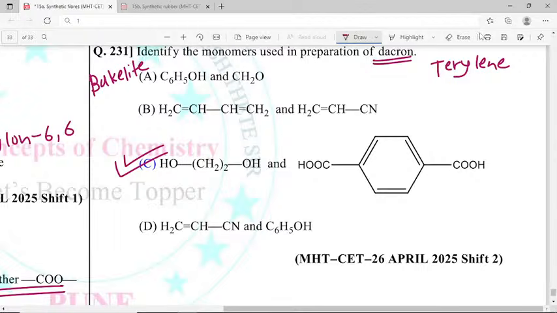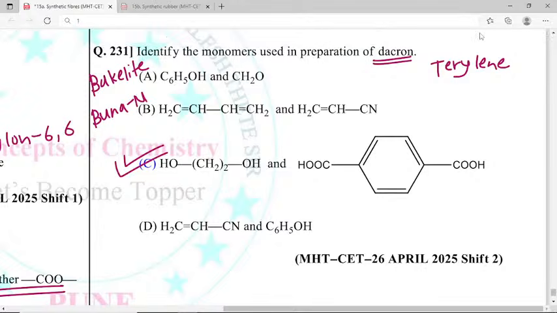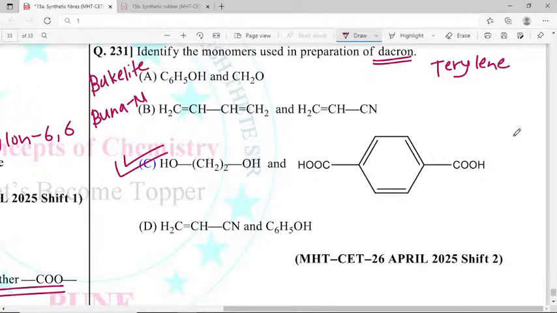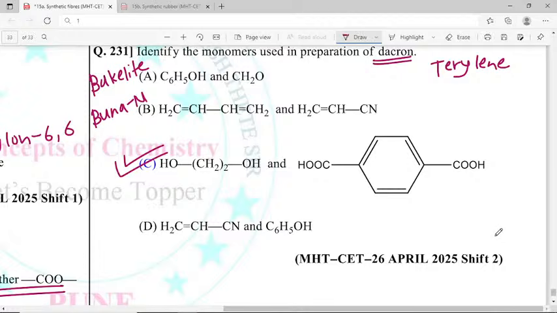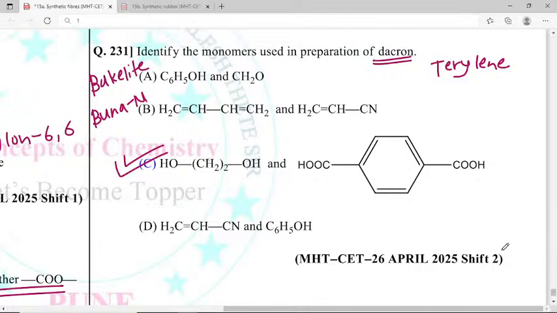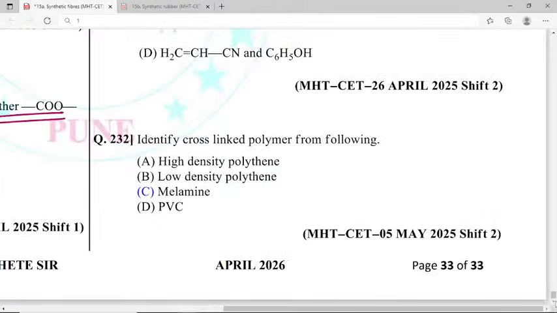This is Buna-N, butadiene and acrylonitrile. And the others are another phenol type, another type of polymer. What is your answer? Option C, ethylene glycol and terephthalic acid.